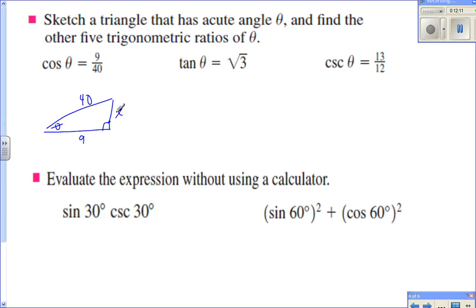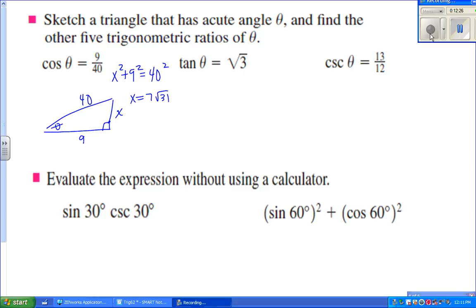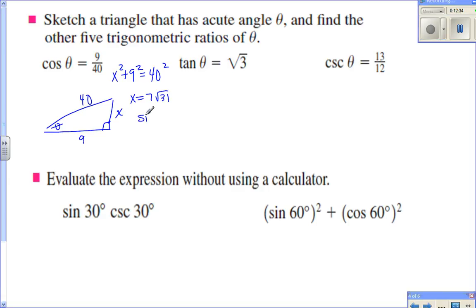Since we do know that this is a right triangle, we can still do Pythagorean theorem. So we would have x squared plus 9 squared equals 40 squared. So when we go ahead and do the Pythagorean theorem, we end up with 7 times the square root of 31 for this side. So then we have to go ahead and figure out sine, cosine, tangent.